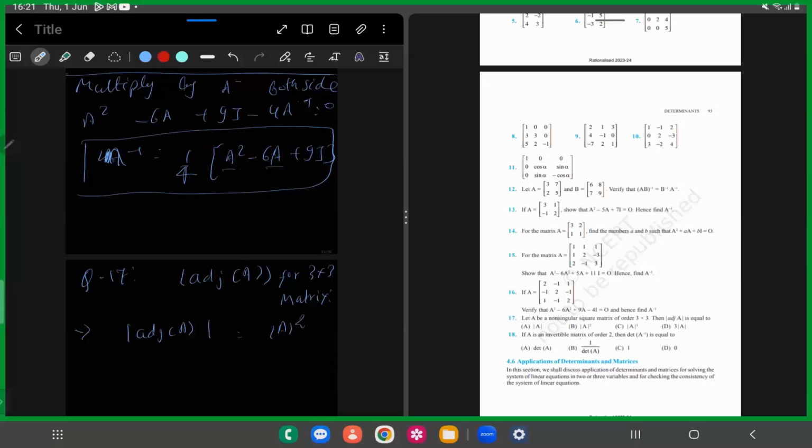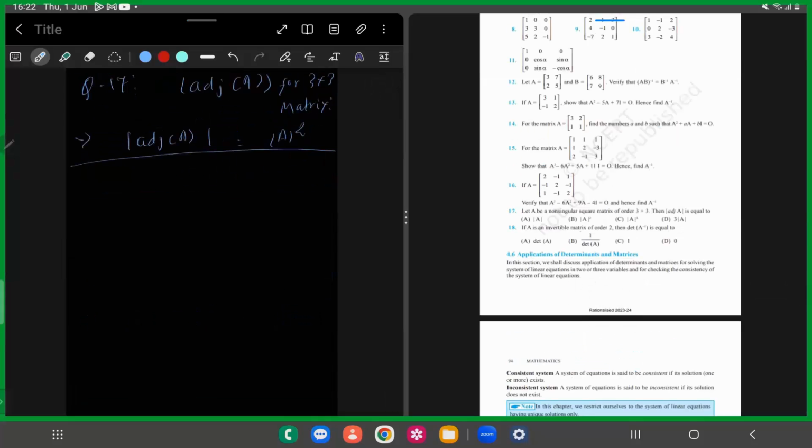In fact, we have derived this result for any general n by n matrix. So for an n by n matrix, the result was determinant of A to the power n minus 1. So we can simply put n equal to 3 in that equation as well, so this should also give determinant of A square.